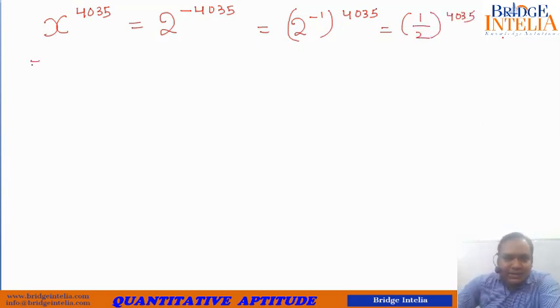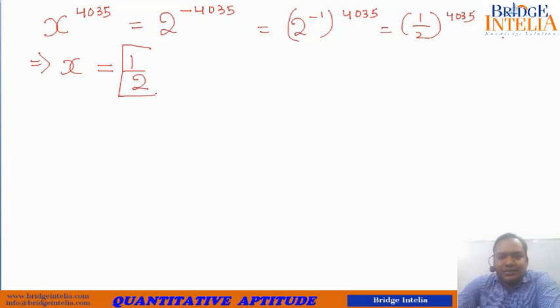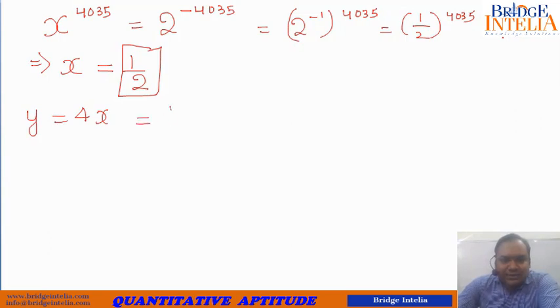So from here it can be concluded that x is equal to half. So if x is equal to half, y was equal to 4x, or 4 into half, which is equal to 2.